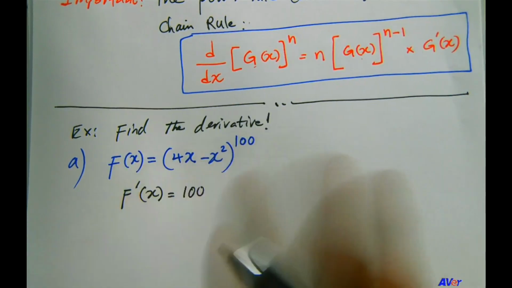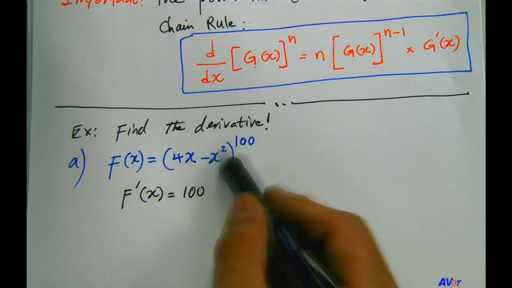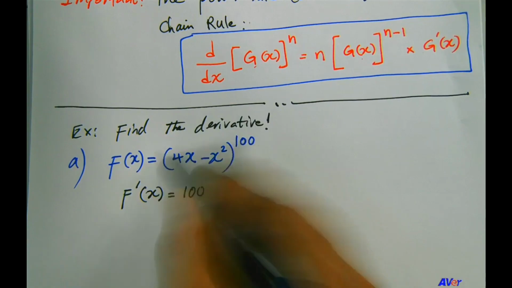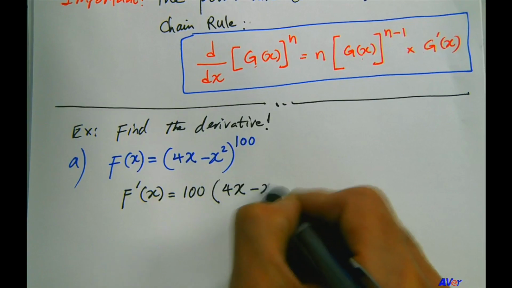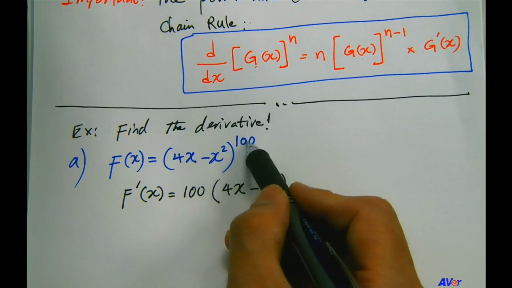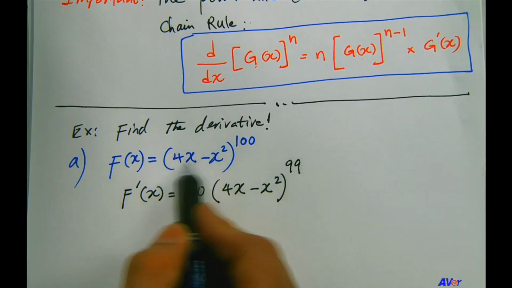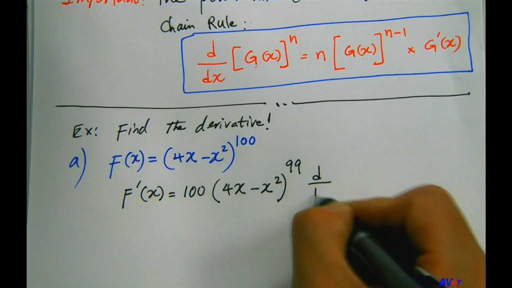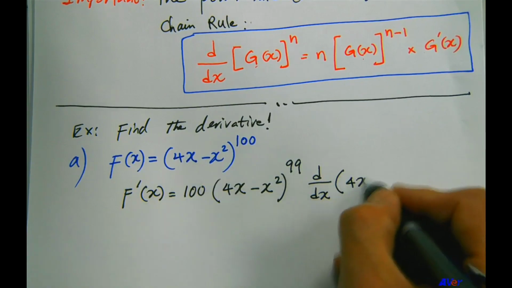And at this point, I'm hoping that you've already solved this. You paused the video, you've solved this, and now you're comparing your derivative with this. So we bring the 100 down, multiply it by 4x minus x squared, reduce the power by 1, so we get 99, times the derivative of this piece. So let me say d dx, right? d dx of this expression, or derivative.